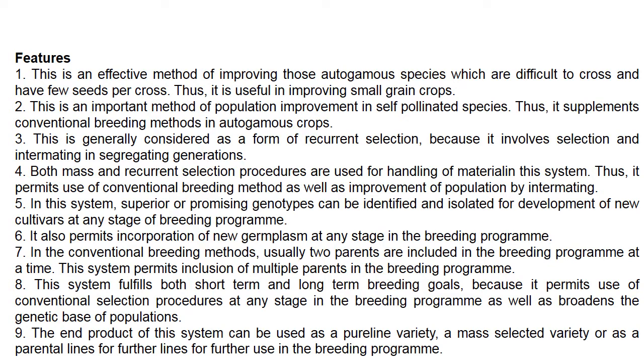This is useful in both short-term and long-term breeding goals because it permits use of conventional selection procedures at any stage in the breeding program as well as broadening the genetic basis of the population. The end product of this system can be used as a pure line variety, a mass selected variety, or as a parental line for further use in the breeding program.